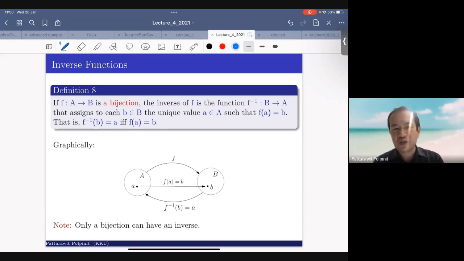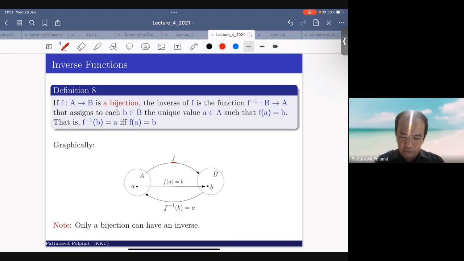For example, if we have a function f that maps from set A to set B, and maps element a to element b, f of a is equal to b, the inverse function will be written as f to the power minus 1, which maps back from set B to set A, and f to the power minus 1 of b will be equal to a.